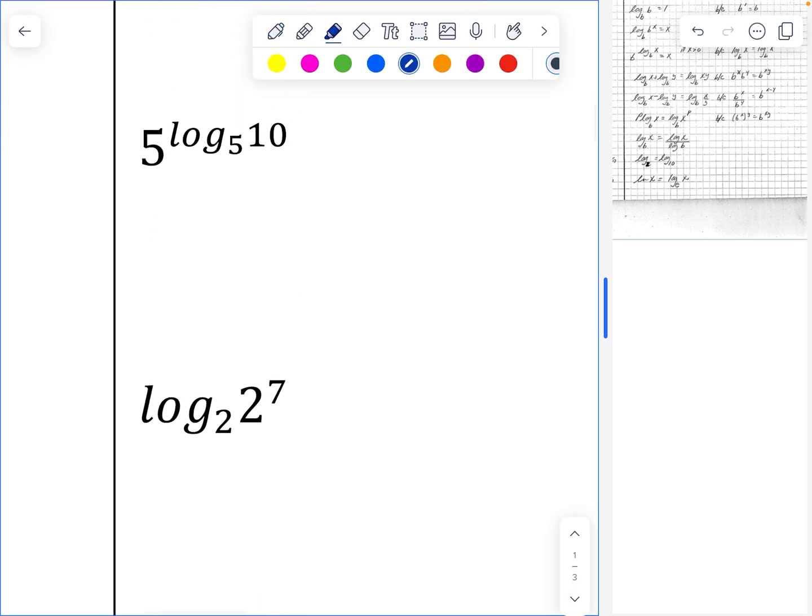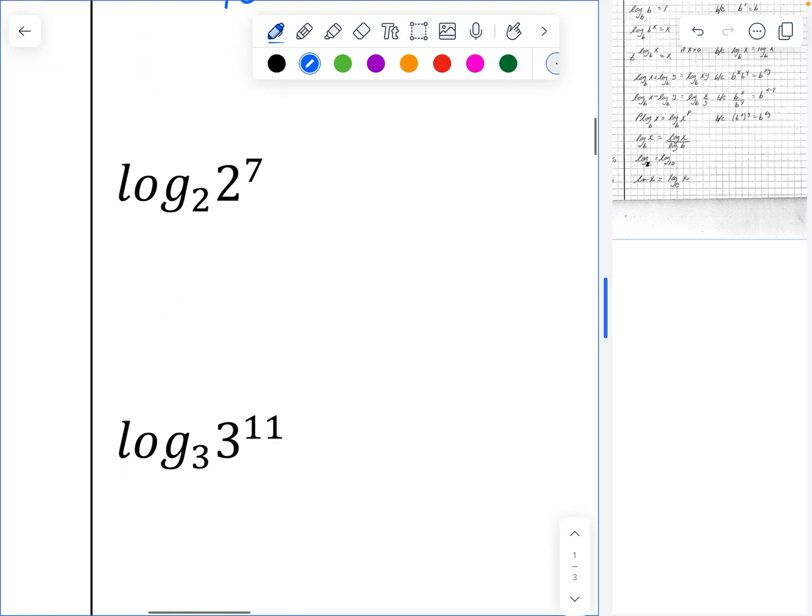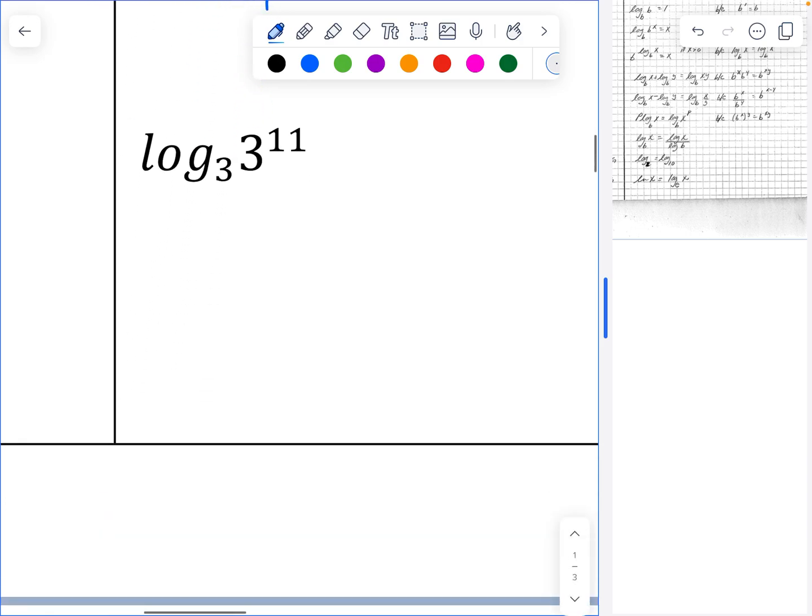This is a base 5 number, this is a base 5 number, so the answer to this problem is 10. This is a base 2, this is a base 2, so the evaluation of this is 7. This is a base 3, this is a base 3, so the evaluation of this is 11.